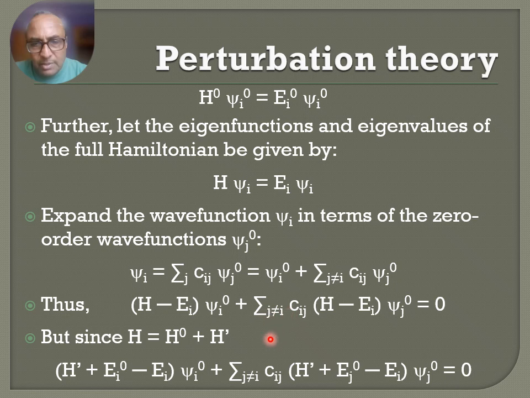Then the second term is plus sigma over j not equal to i of C_ij (H dash plus E_j^0 minus E_i) operating on psi_j^0. Again, H0 operating on psi_j^0 gives you E_j^0 psi_j^0.